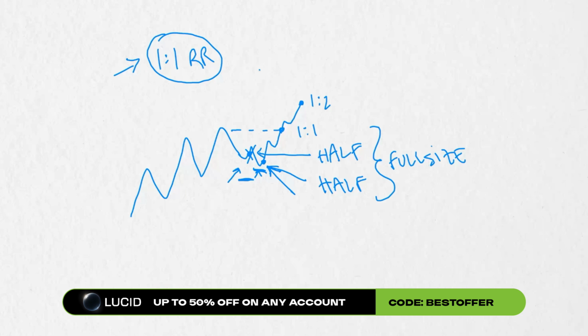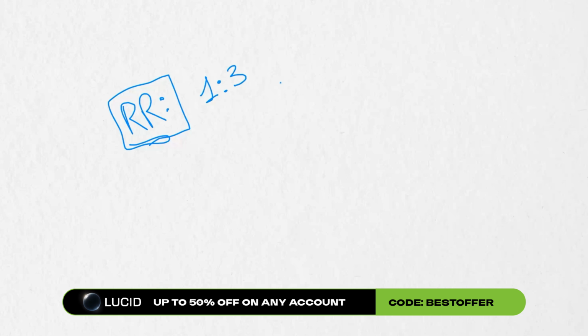Another tip that I can give you, and I think this is a problem for a lot of people, is about the risk reward. There is, I think, a toxic narrative that you have to go not below 1 to 3 risk reward.